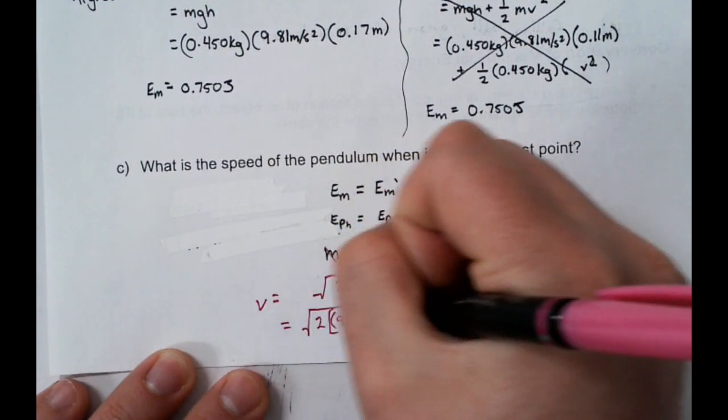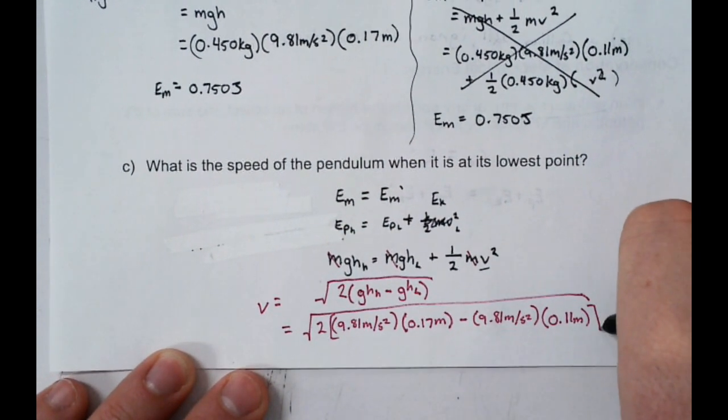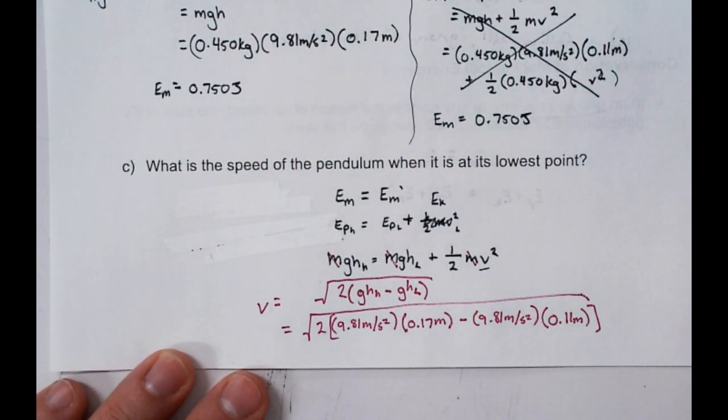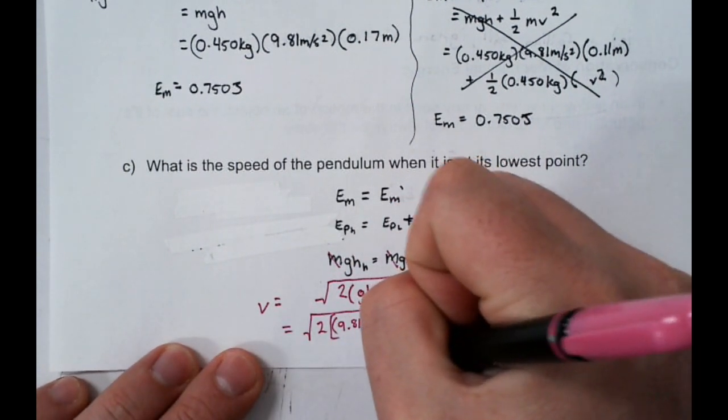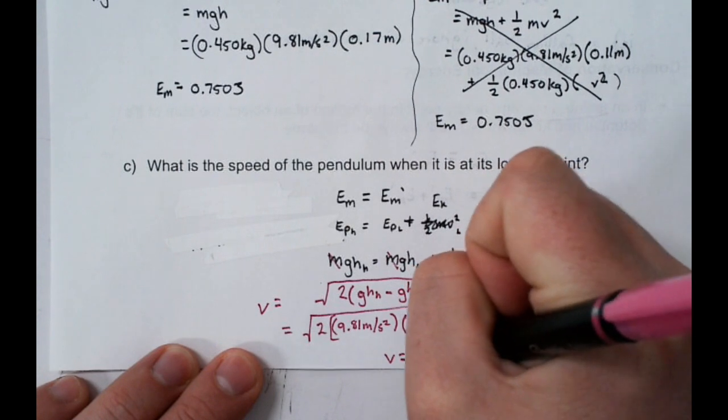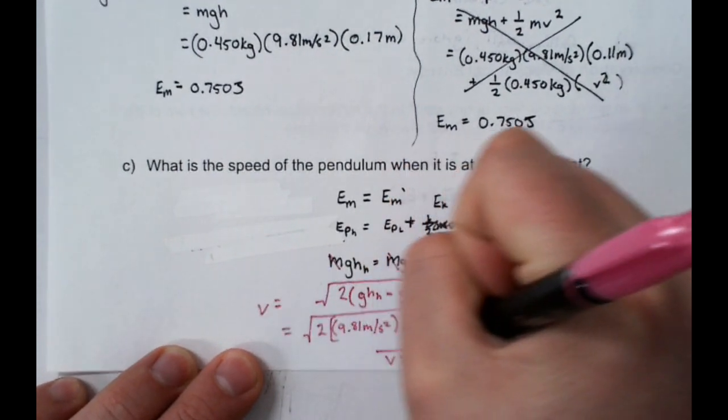And we're going to take the square root of all of that. When you take the square root of all of that, you're going to get an answer of 1.08 meters per second.